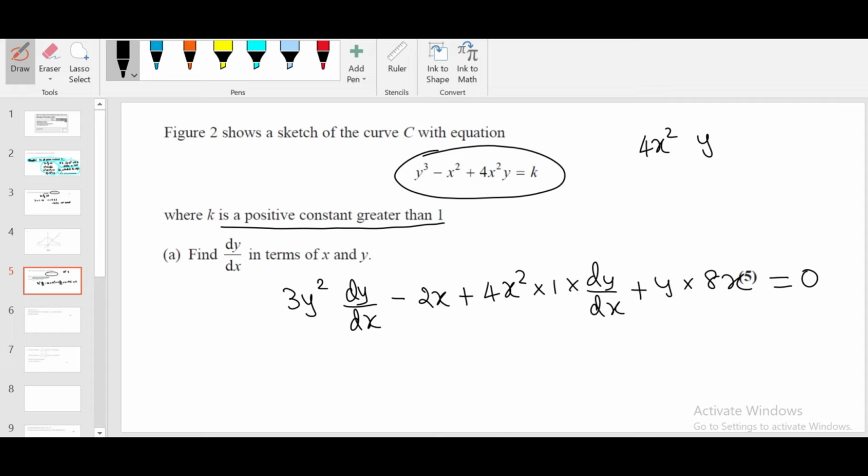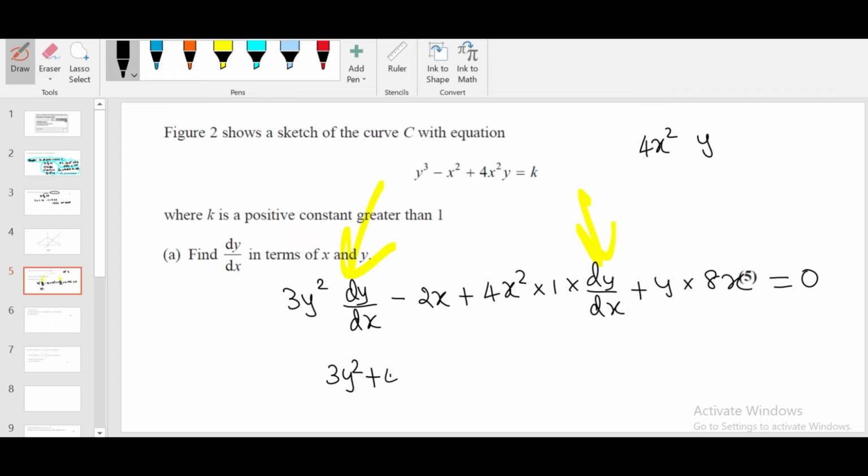They want you to find dy by dx in terms of x and y. So there are two like terms, one here, another one here. Take dy by dx as a common factor out, you will get 3y squared plus 4x squared times dy over dx is equal to 2x.